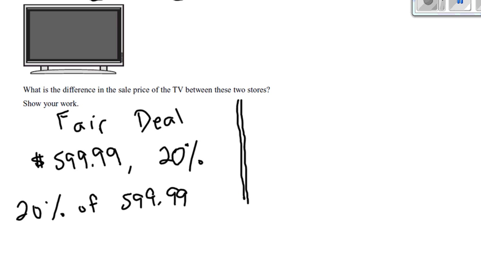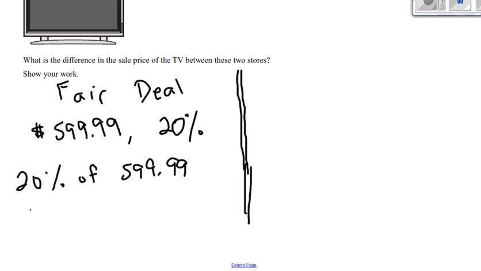So let's do that math. To calculate percent of, 20% divide by 100. The word of means multiply. So 20% of 600 would be $120.